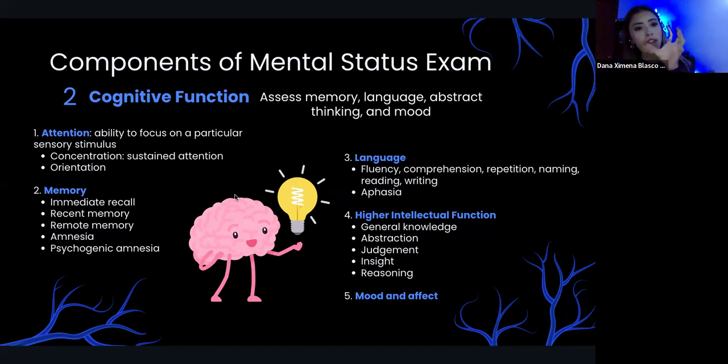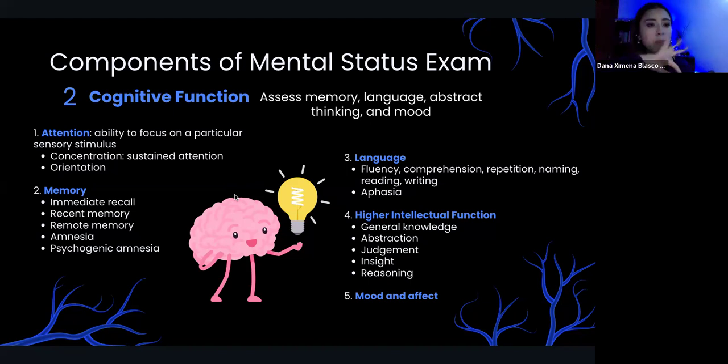And in some memory disorders, we could have amnesia or psychogenic amnesia. So we're going to be examining this area to probably find some disorders. Also, if we have an elderly patient, maybe we could have some Alzheimer's or something like that.